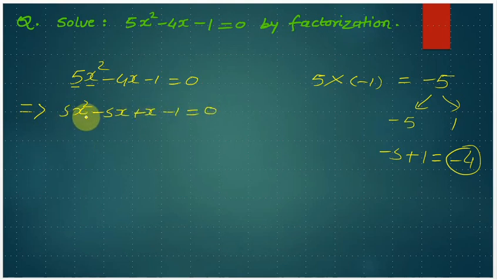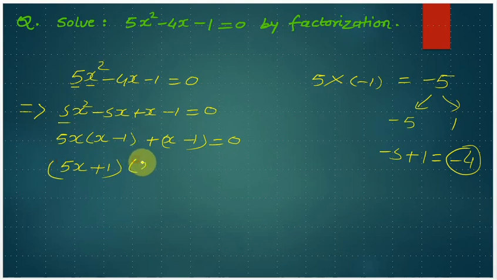Now in this equation, we take 5x common. So 5x in bracket x minus 1 plus x minus 1 is equal to 0. Now take x minus 1 as common. So 5x plus 1 in bracket x minus 1 is equal to 0.